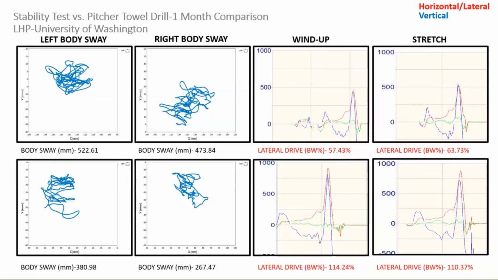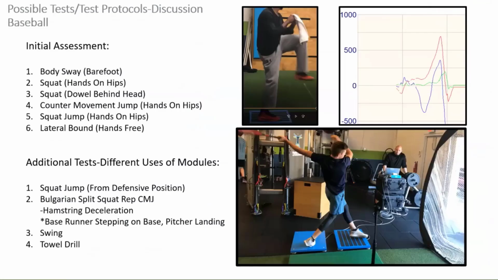Again, just some tests we can do with baseball, with any sport really: body sway, squat with the dowel behind the head, counter movement jump, squat jump, and a lateral bound are always good tests to start painting a good picture of how you produce ground reaction forces.